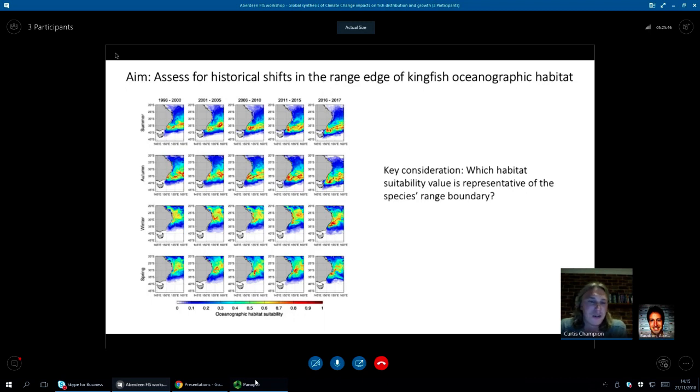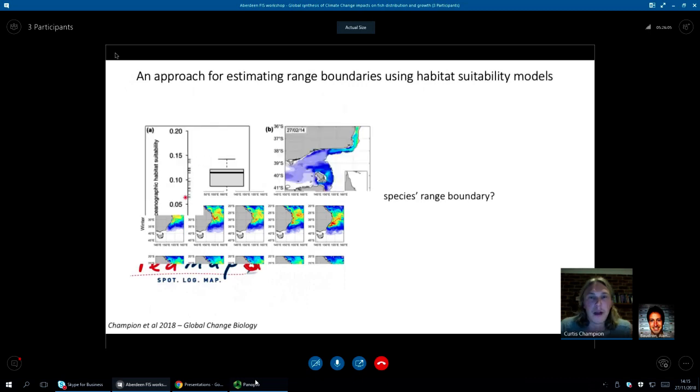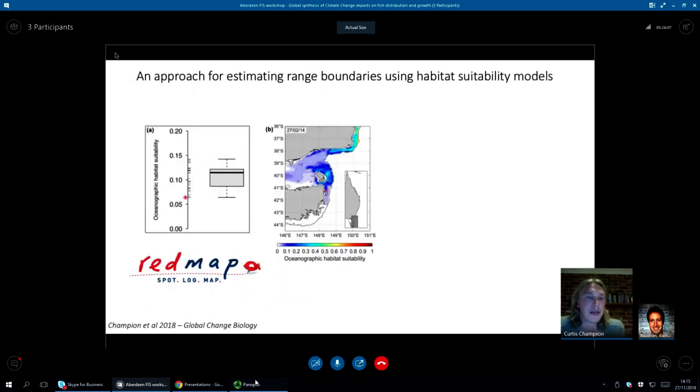So essentially, we're trying to take a habitat suitability projection that's on a scale from 0 to 1 and identify a value along that scale that we consider an accurate or reasonable estimate of the boundary of this species distribution. Greta may have spoken yesterday about the wonderful citizen science initiative that she's developed down here in Australia called REDMAP, the Range Extension Database and Mapping Project.